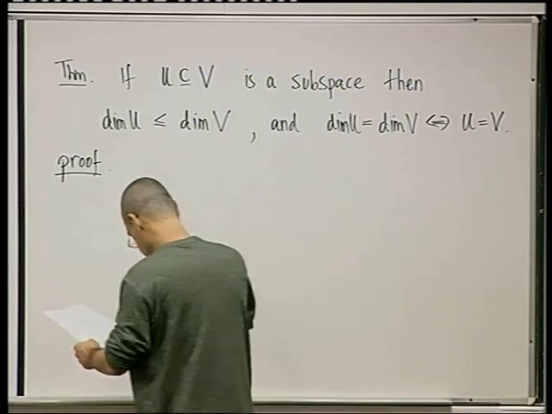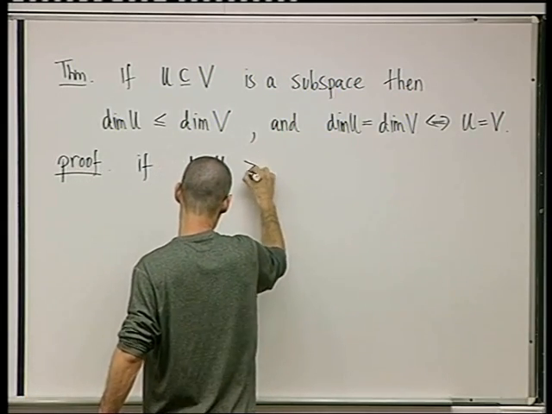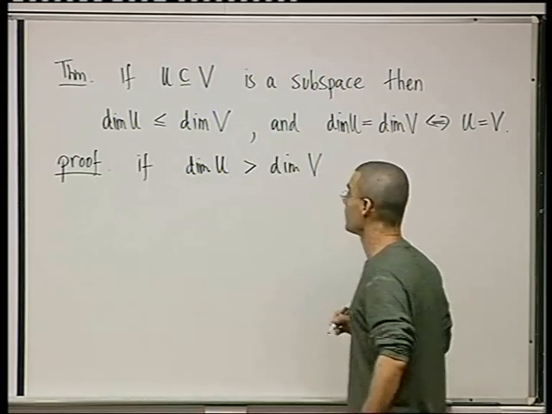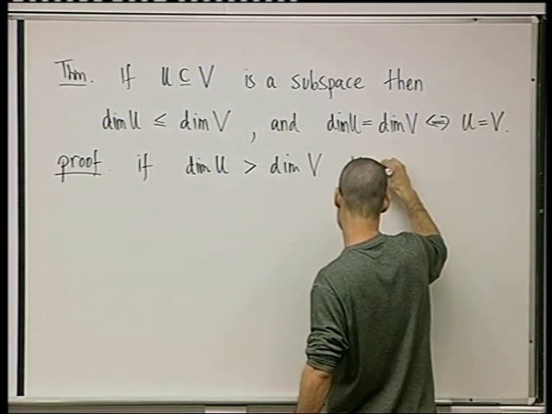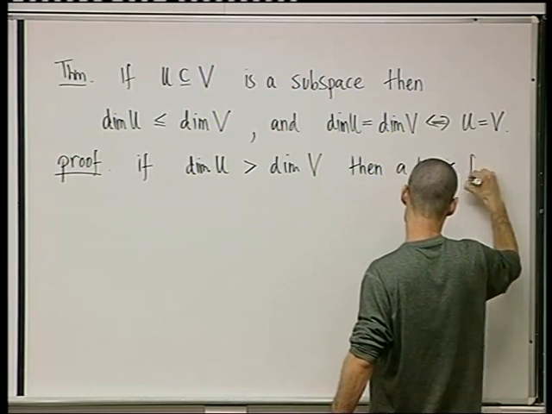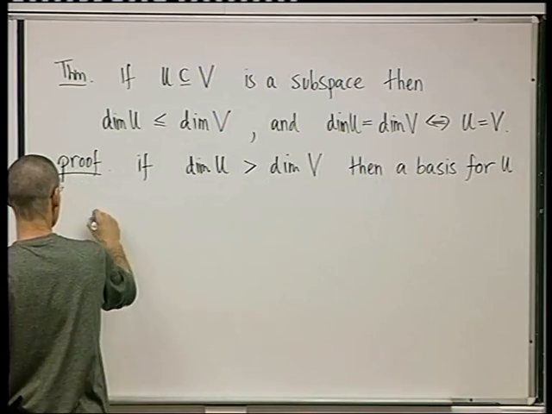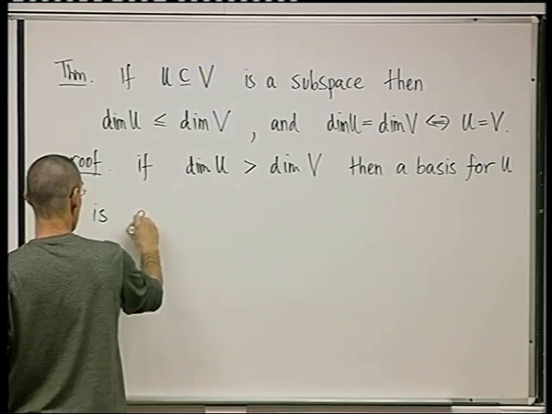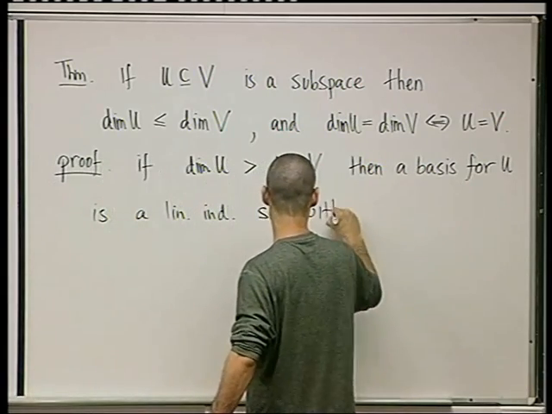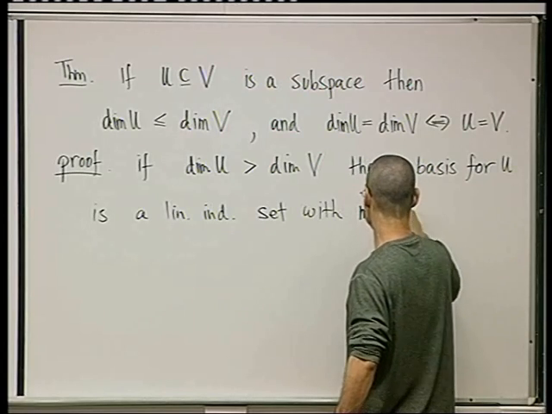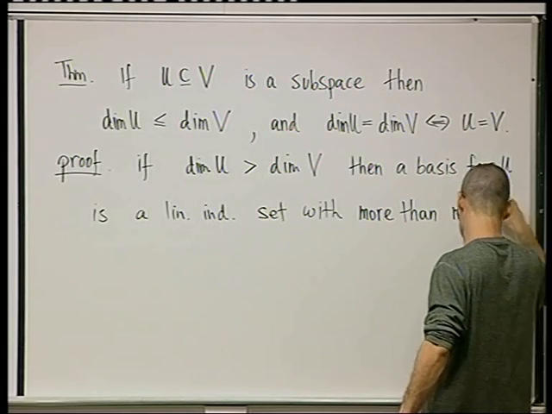Okay, so let's write it down. If the dimension of U were greater than the dimension of V, and we're going to reach a contradiction, then a basis for U is a linearly independent set with more than n equals dim V elements.